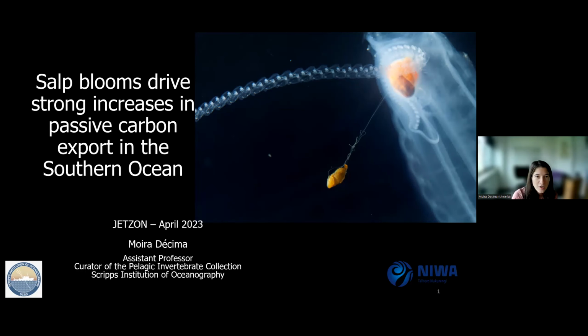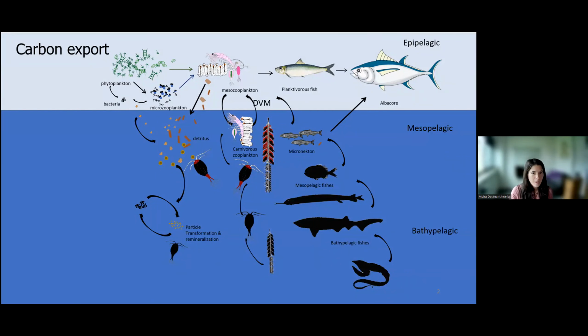So to start this talk, I just want to give you a bit of background on three topics. One of them is carbon export and the biological carbon pump. The diagram that you're looking at here represents all of the different biological processes that move carbon from the surface ocean to the deep, the mesopelagic and the bathypelagic.